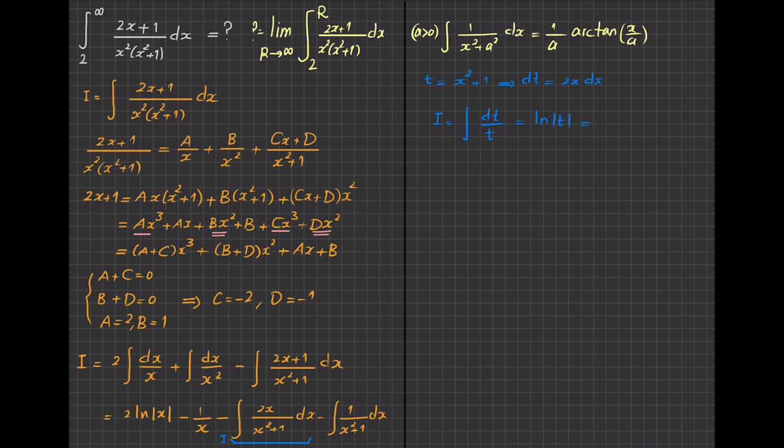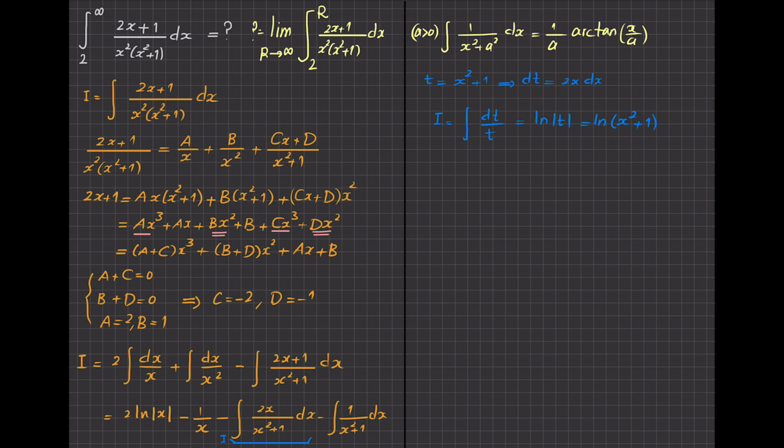I replace t with x squared plus 1. Because x squared plus 1 is always positive, I don't need the absolute value signs, so I remove them with a pair of brackets. So this becomes simply ln of x squared plus 1.